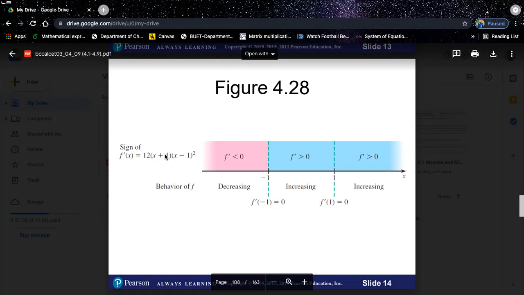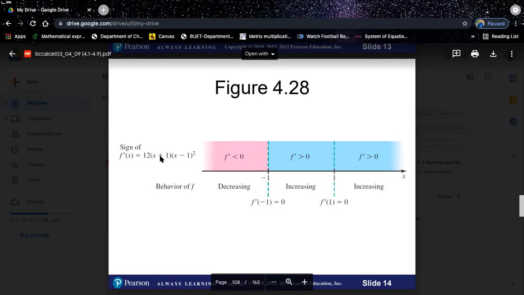So -2 plus 1 will give us -1. You can see the first derivative then becomes negative. Same happens for any value less than -1, because the squared guy will always be positive. So the only change we can eyeball here is with this term. That means we can clearly conclude that before -1, the first derivative is negative.